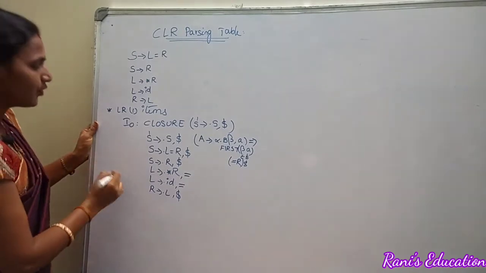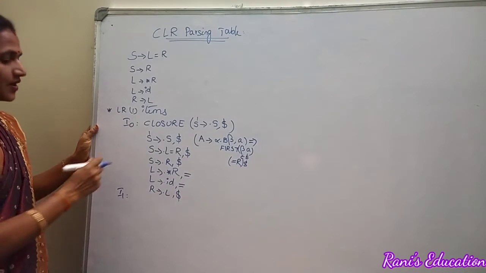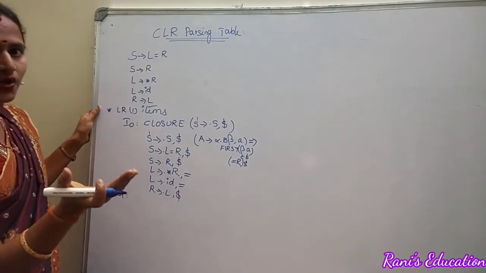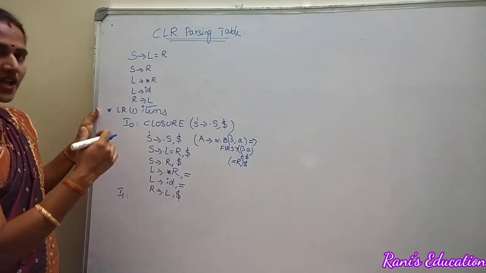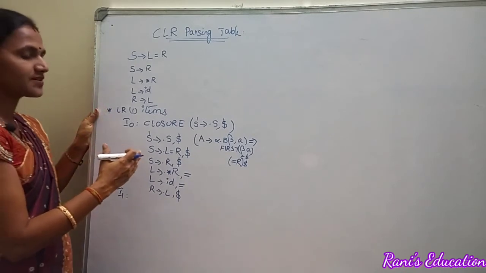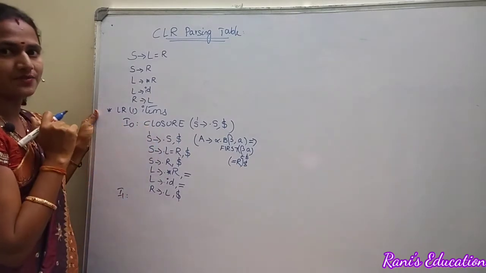Okay, now move on to the next item, which is I1. In I1, as we all know how we are going to write the items, our aim is to complete all the productions one after the other by creating individual items.